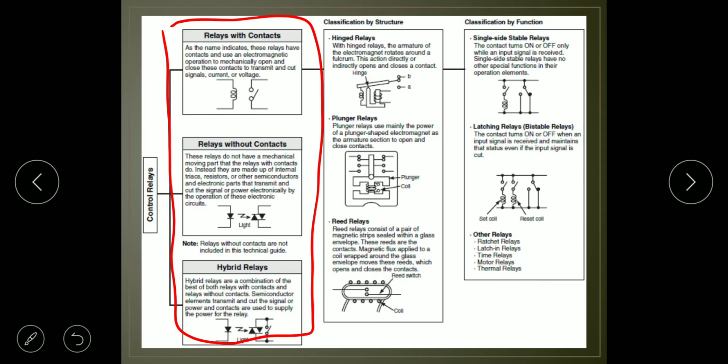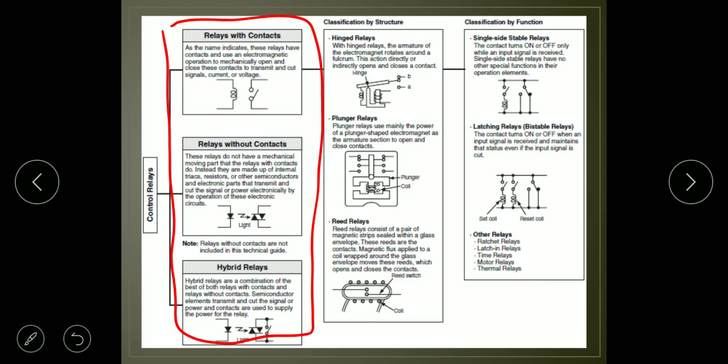The movable armature is held in its resting position by the armature return spring. The armature acts as a movable contact. In the resting position, the armature is in connection with the upper contact, which is called the normally closed, that is NC contact. The lower contact, which remains open in the resting position, is called the normally open, that is NO contact.